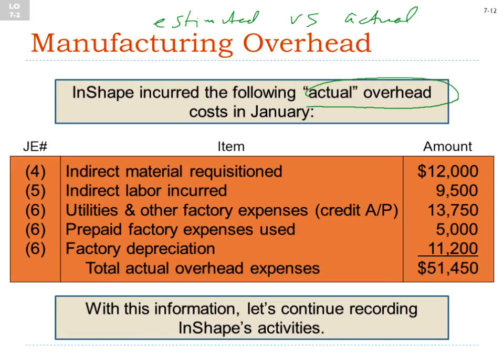All right, so in this case, it looks like we had overhead of $12,000 in indirect materials, $9,500 in indirect labor, $13,750 in utilities and other factory expenses, $5,000 of prepaid expenses, and $11,200 of factory depreciation. So now we're going to have to record these expenses.